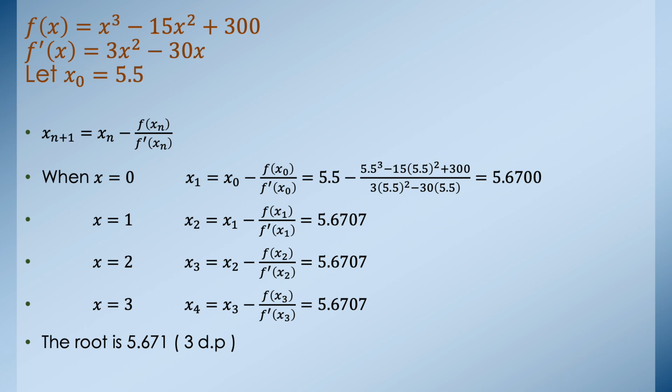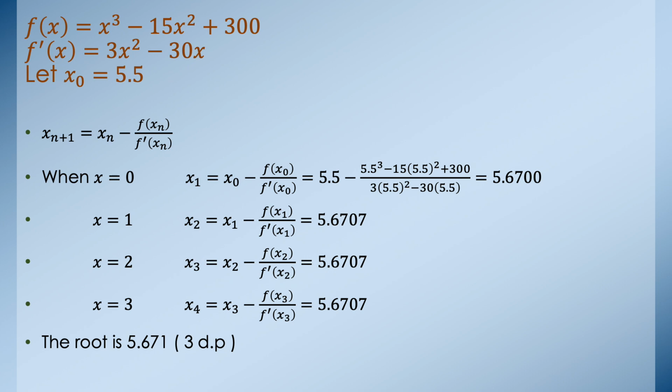So we apply the Newton-Raphson formula, x n plus 1 equals x n minus f of x n over f prime of x n. When n equals 0, we get x1, then we substitute x naught equal to 5.5 into the equation. We obtain x1 equal to 5.6700. We continue with the same process of calculation.